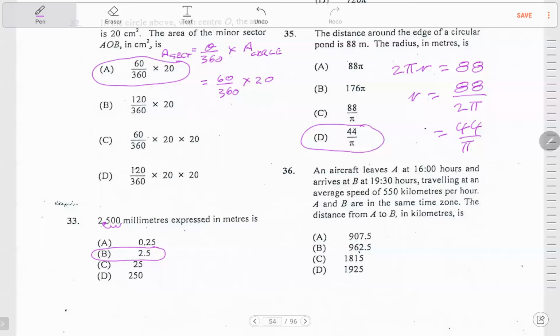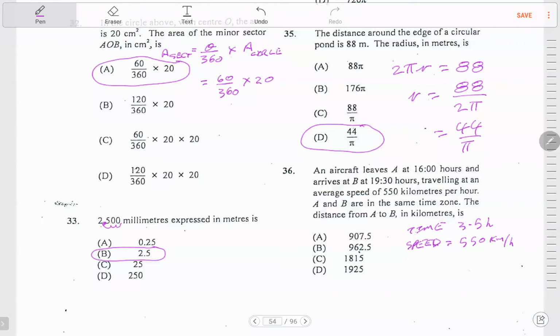Also, the time was 3.5 hours. The 30 minutes is half an hour. And we multiplied, right? The speed is 550 kilometers per hour.